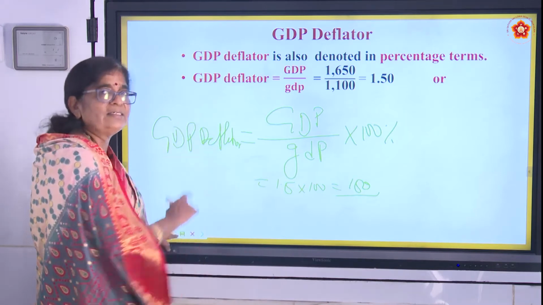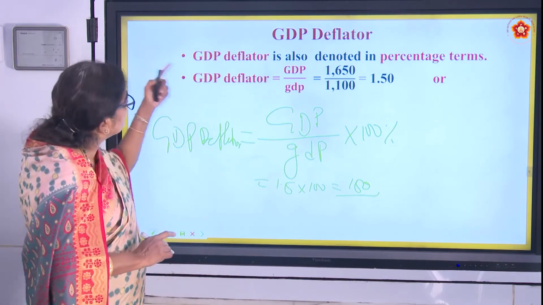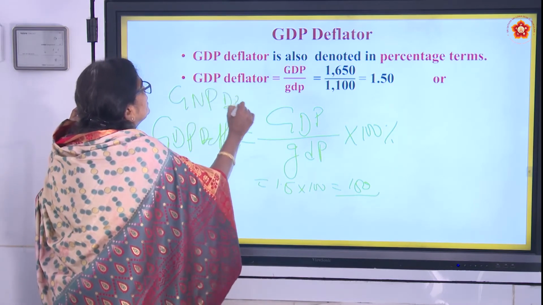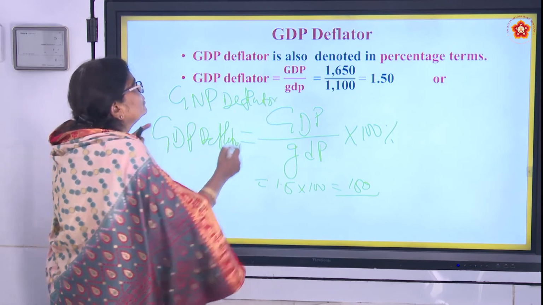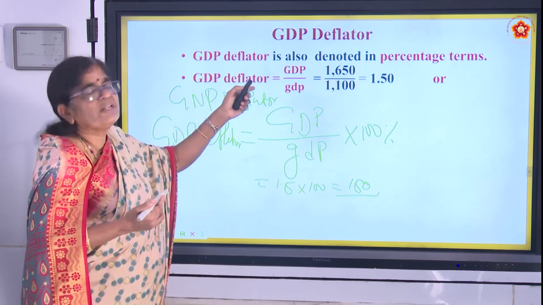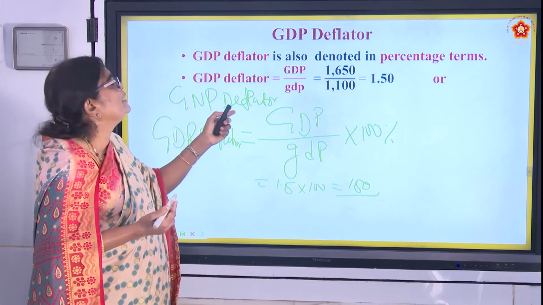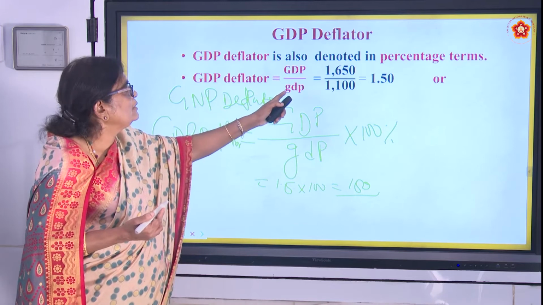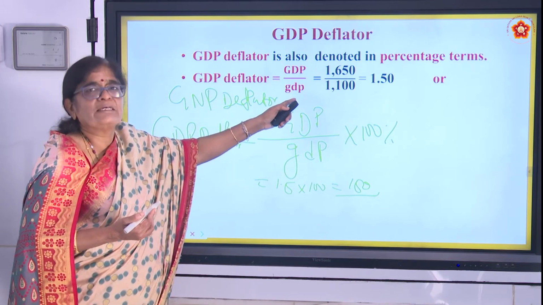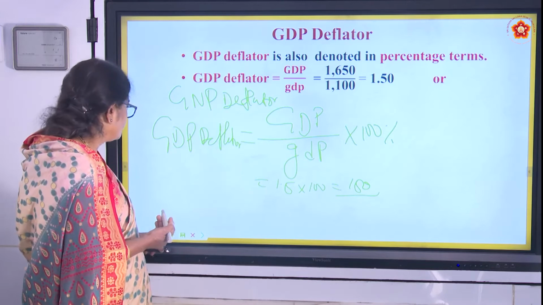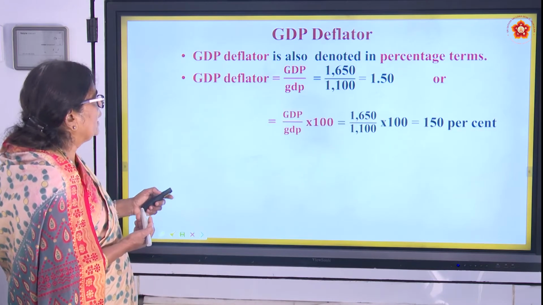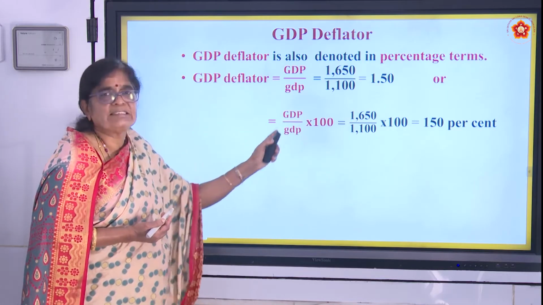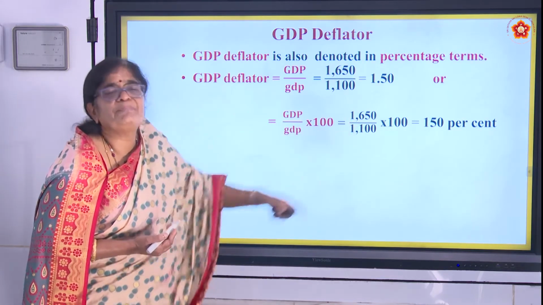This is the way to calculate GDP deflator. Like that, you can also calculate GNP deflator, though in our syllabus we consider only GDP deflator. Again, it is GNP at current price in capital letters and GNP at the base year price in small letters. Hope you understood. If you express GDP deflator in percentage terms, you will get 150%.